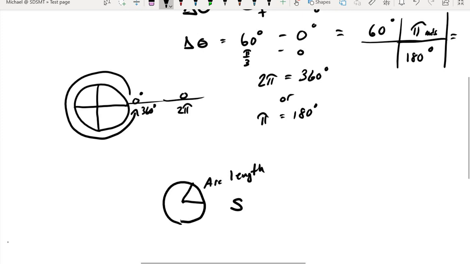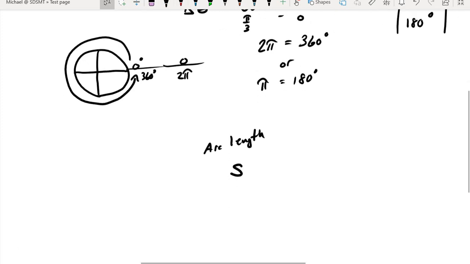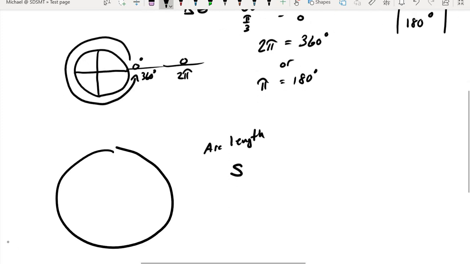And so the physical distance that we travel along the rim of any segment of the circle can be related to the radius of the circle and the angle that we have to sweep through.